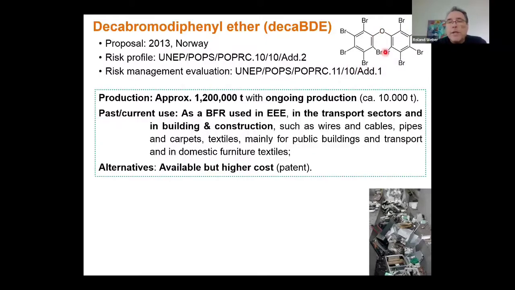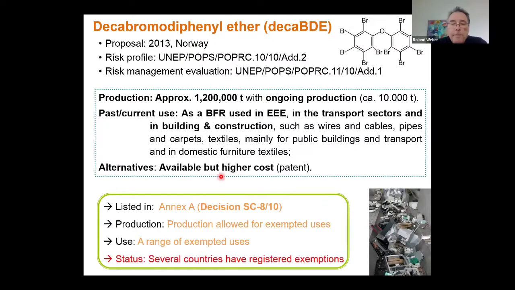And then in 2017, decabromodiphenyl ether was also listed. It was listed in Annex A, but with an exemption for production allowed for exempted uses, and a range of exempted uses were listed in the convention.